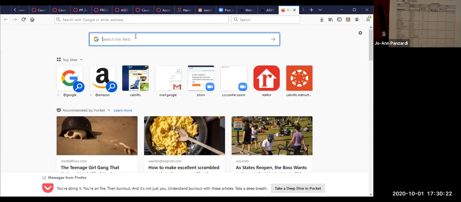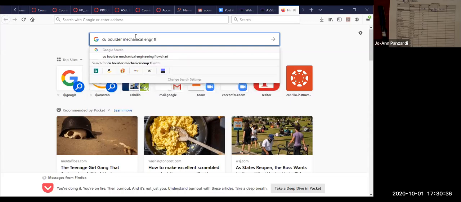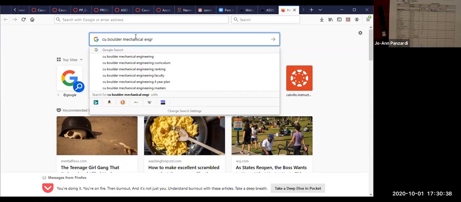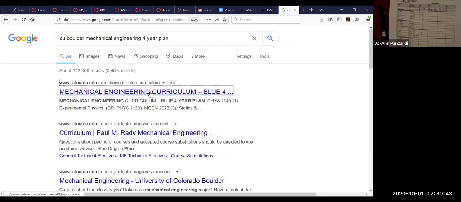Okay, I'm going to Google. I'm going to say CU, it's called CU because in California it's UC, California Boulder, mechanical engineering, and I'm going to write, oh, I saw it, flow chart. I also saw 4-year plan, so I'm going to pull that up. And I have to stop sharing again.